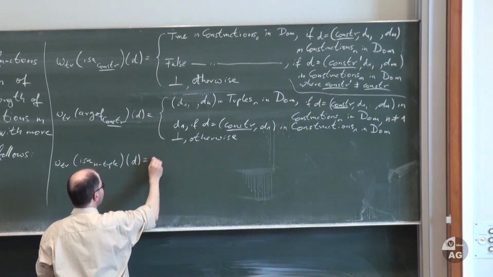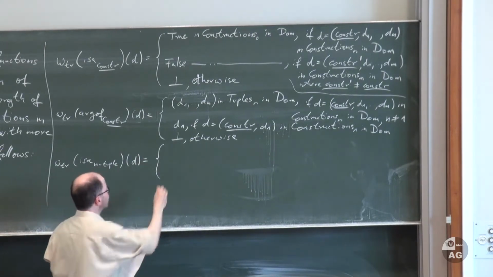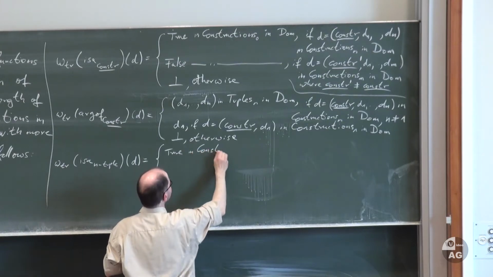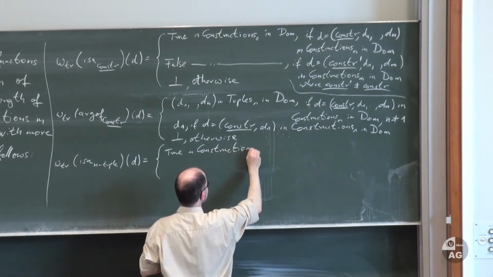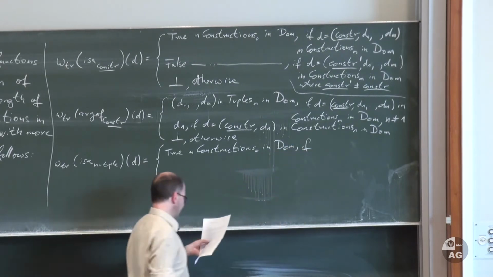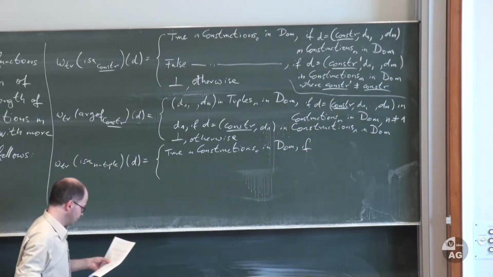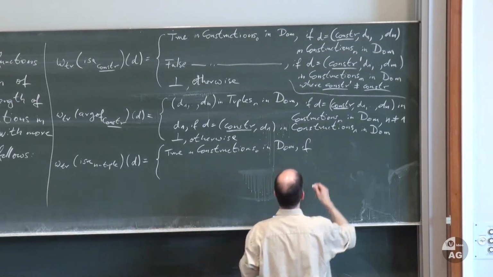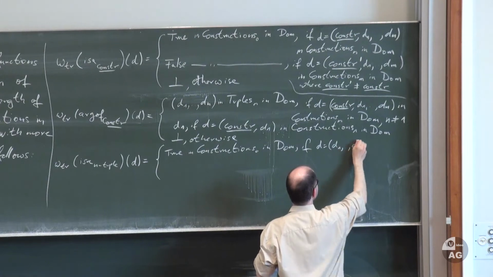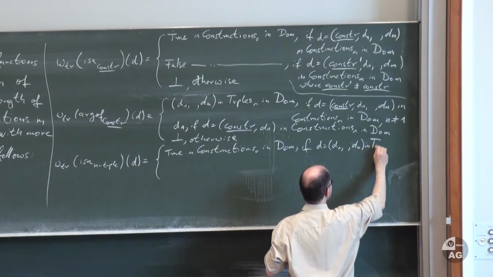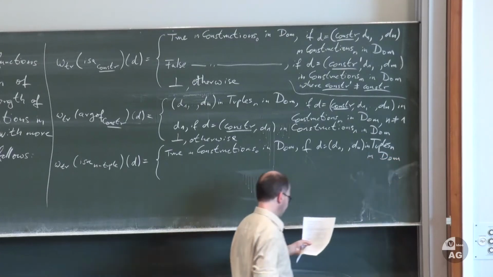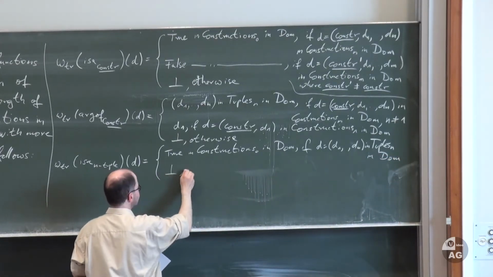Well, if I apply this to some argument from the domain, then the result is true in construction 0 in DOM if this is really a tuple of n components, so if D is some tuple d1 to dn in tuples n in DOM, and otherwise it's bottom.